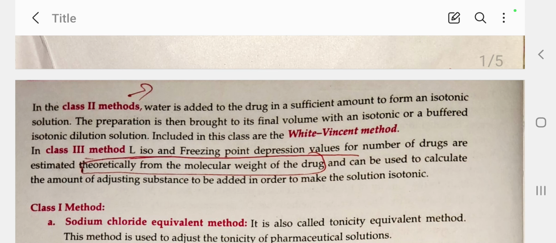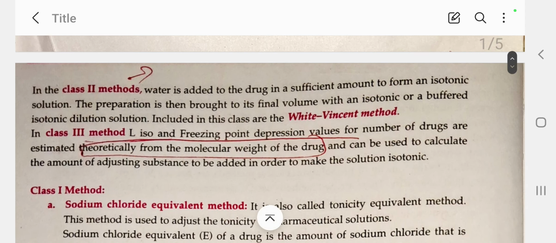And what about the third method? This is known as the class 3 method. Under class 3 there is one more method, the L-iso method, to be used to adjust the isotonicity.